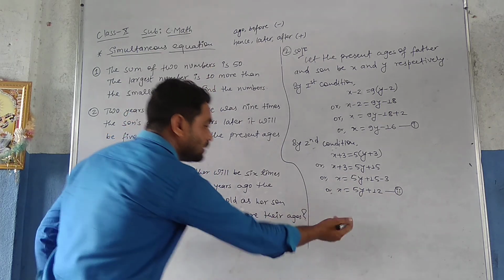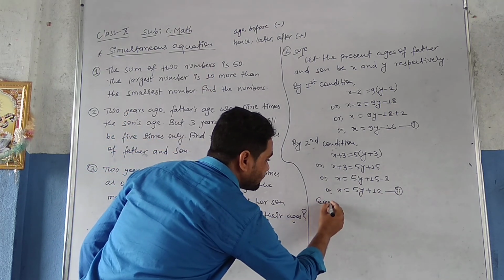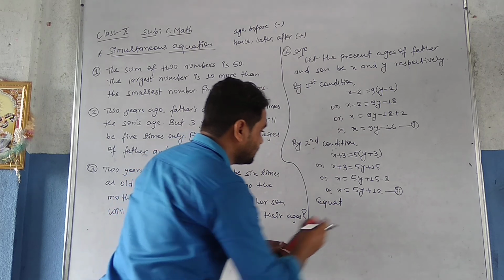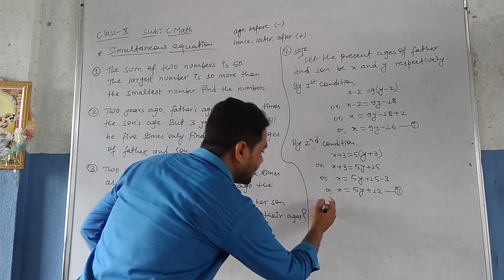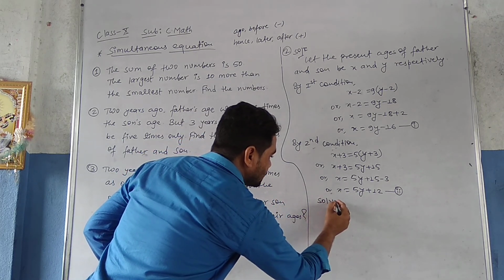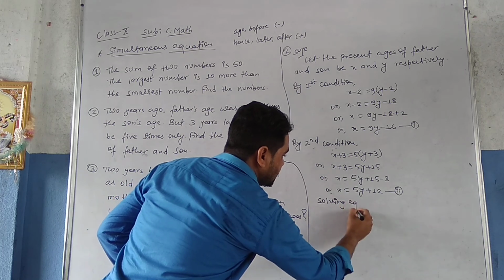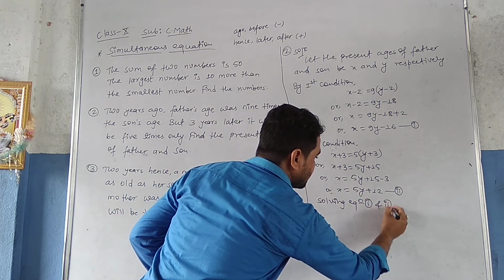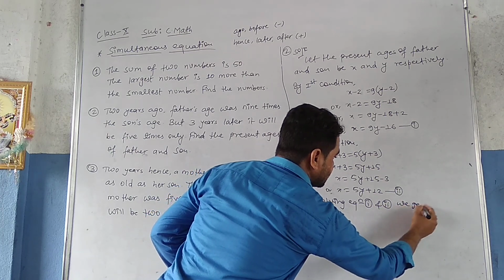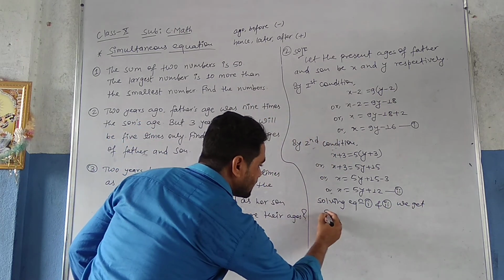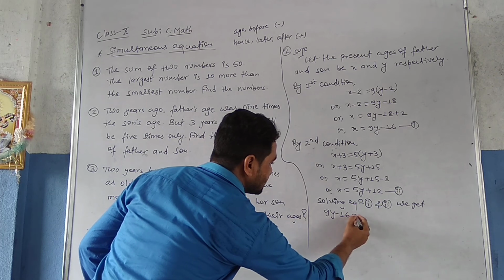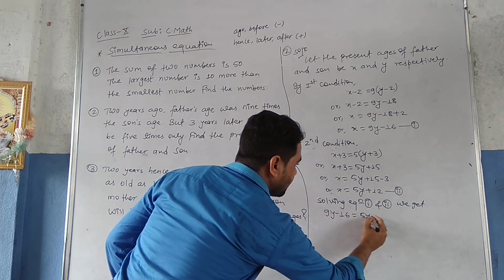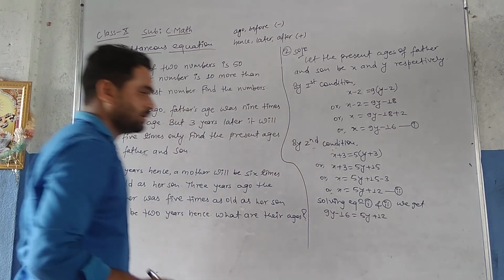Solving equations first and second, we get 9y minus 16 equals 5y plus 12.